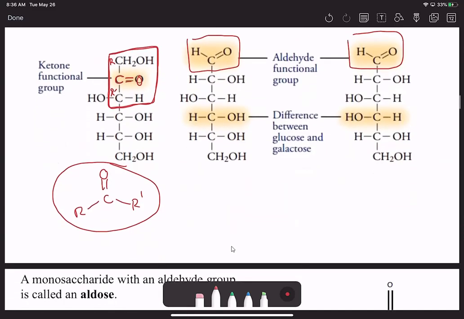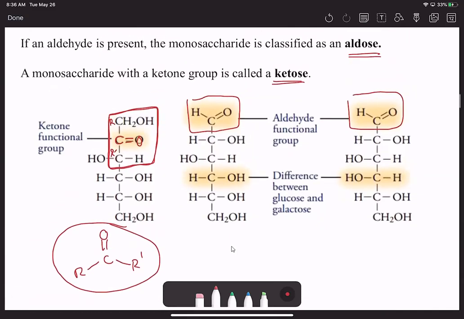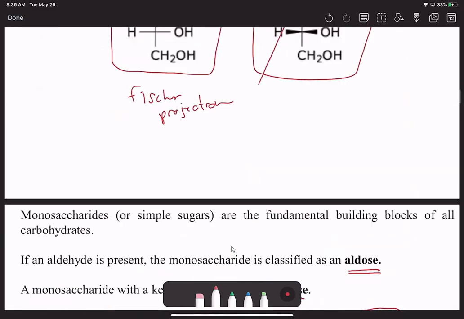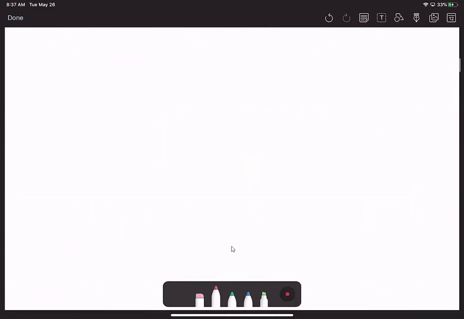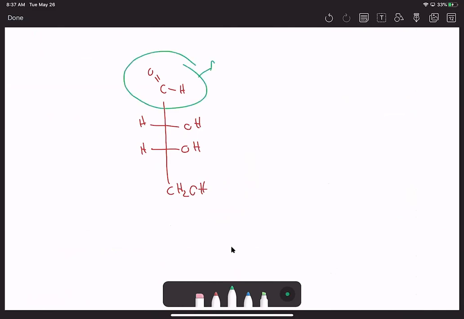Now, as far as naming these, we can identify an aldose and we can identify a ketose very, very easily. So if I draw two structures here, you should be able to identify that, oh, there's my aldehyde, that this is an aldose.